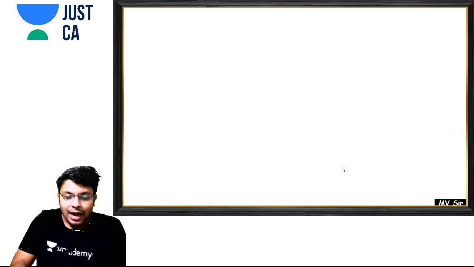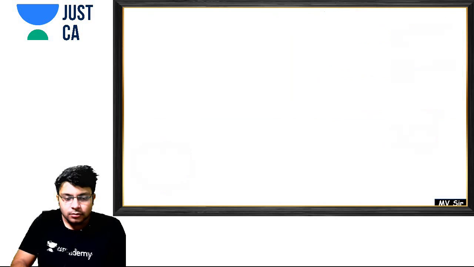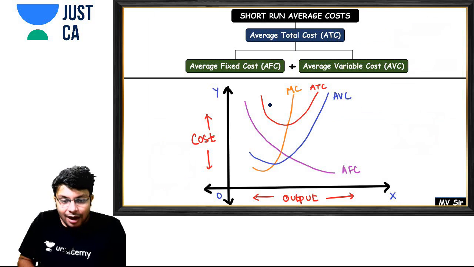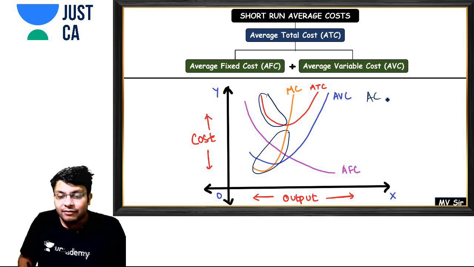So when your average cost is falling, your marginal cost is less than average cost. See, marginal cost is below the average cost curve.